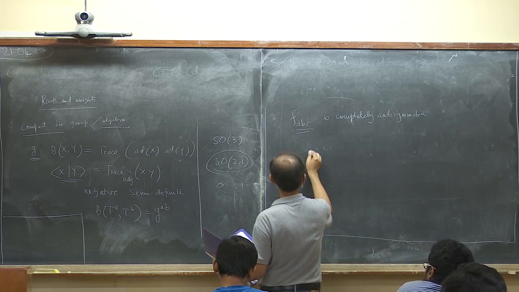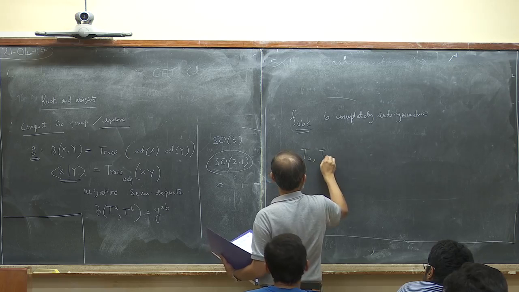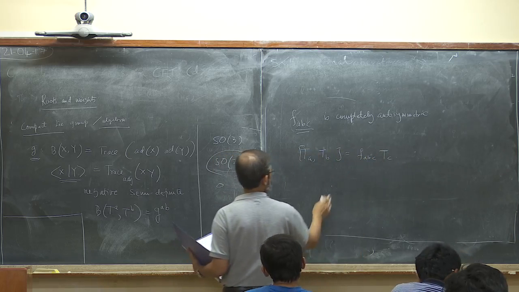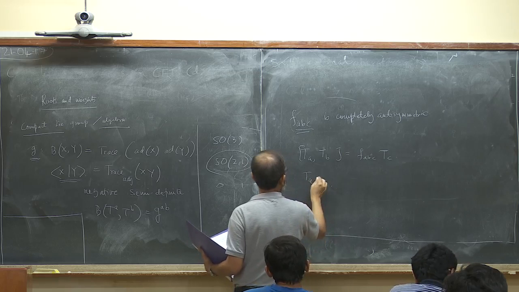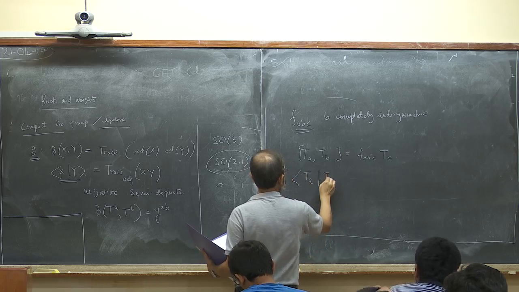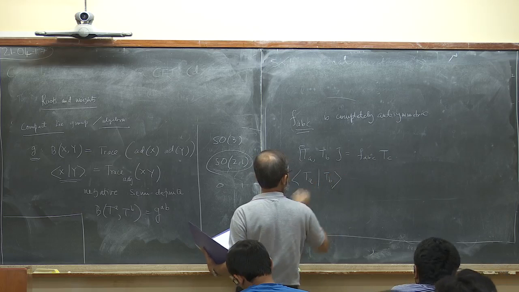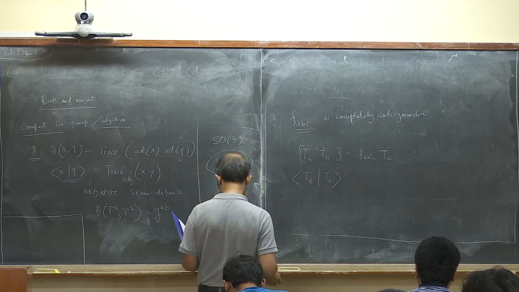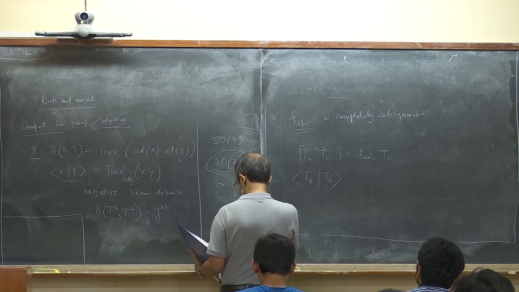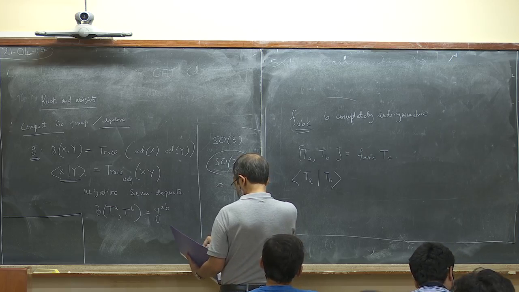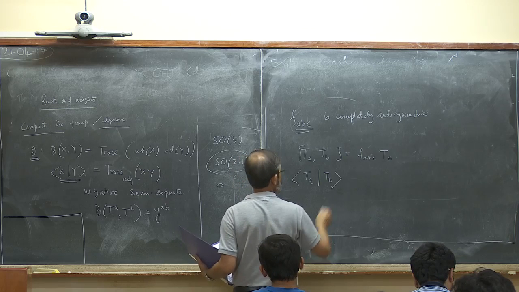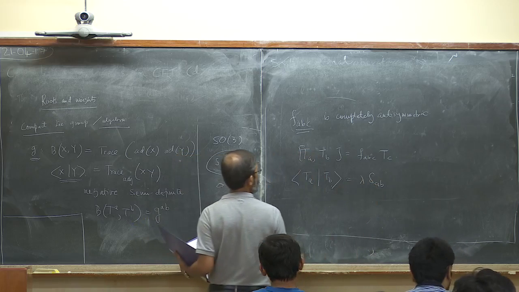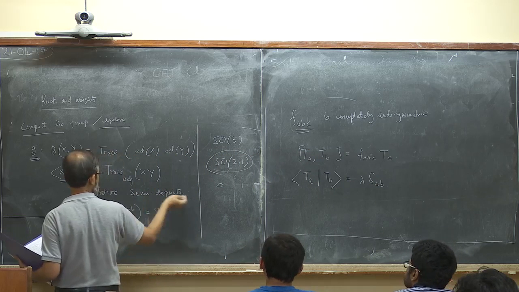Remember, this is using the mathematician's notation: this is f_ABC T_C. Now let me say that I have chosen a basis such that (T_A, T_B) is given by g_AB, some negative semi-definite matrix.